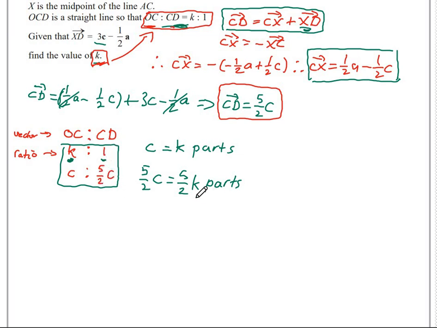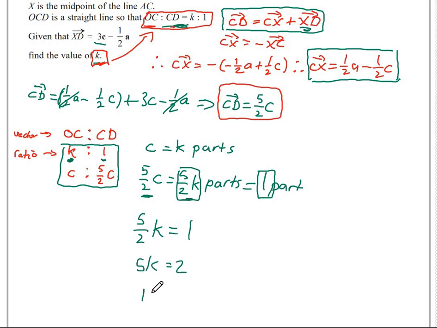So that means 5 over 2 K parts equals 1 part. Which means 5 over 2K equals 1. See, now we have an equation for K. So now we can just rearrange and find K. So 5 equals 2K, and K equals 5 over 2. And that's our answer. Find the value of K.